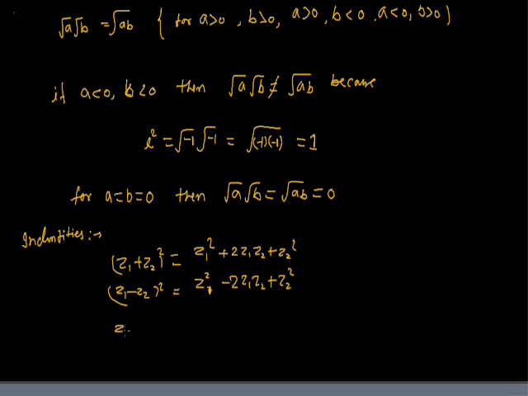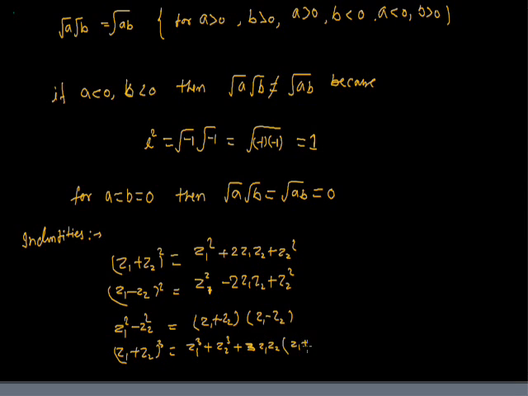Similarly, one more formula: z1 square minus z2 square we can write as (z1 plus z2) into (z1 minus z2). And (z1 plus z2) to the power 3 will become z1 cube plus z2 cube plus 3 z1 z2 into (z1 plus z2). Similarly, we can make more identities for complex numbers.